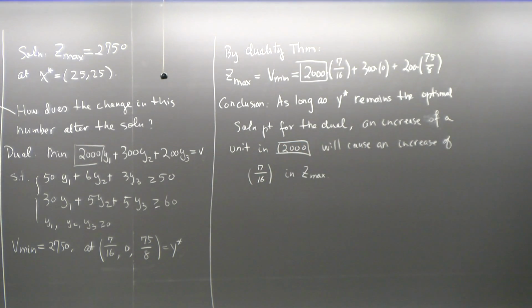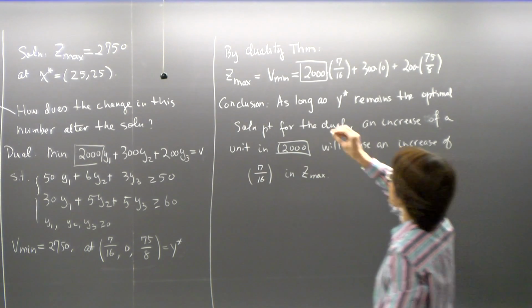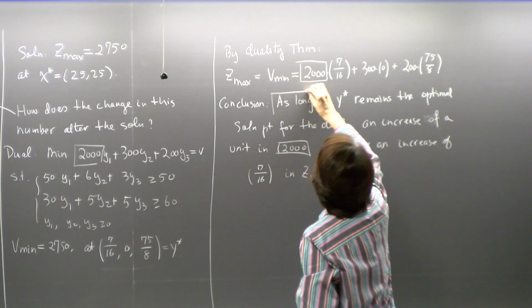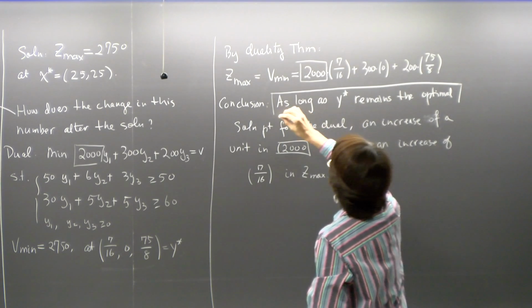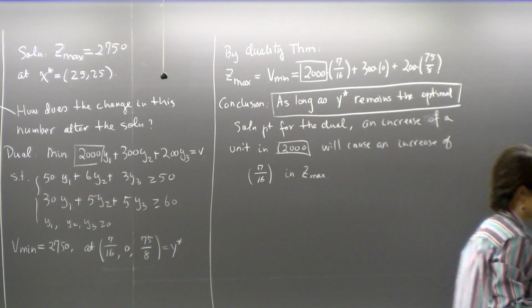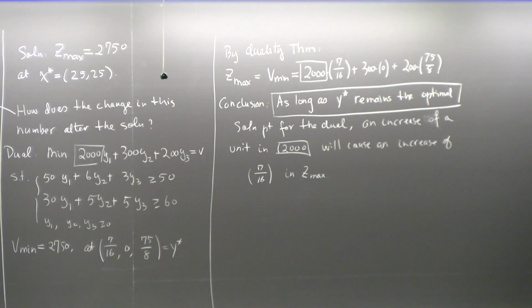I can conclude that, okay? So I want to emphasize that this is really important, that y star remains optimal. We don't really know if I make a change, it will change or not. Okay, so we will talk about this in more detailed analysis.